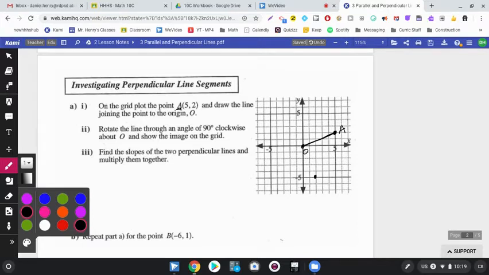I'm just going to say, okay, the point would be here. Okay. And we'll call that A prime. Put a little tick on it, or a little apostrophe. Okay. And I know I rotated that thing 90 degrees. So this is a right angle.